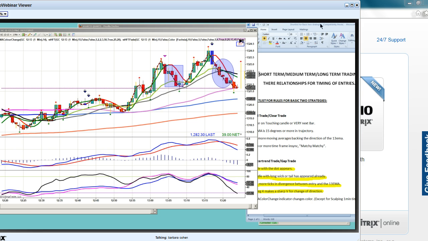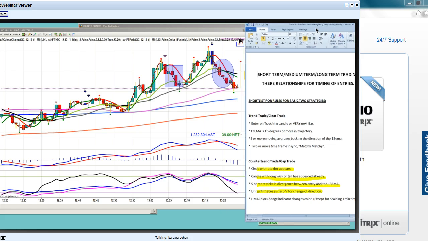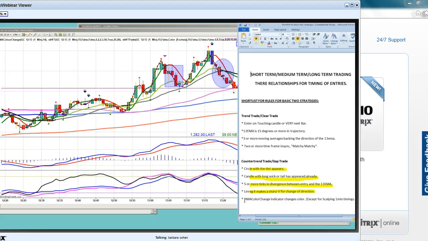The next thing you're looking for is, now this is where, for those of you in my class where I talked about the 3 different timings, this is an area we're going to get into different debates. The next thing you're looking for is another confirmation, the HMA color change indicator.